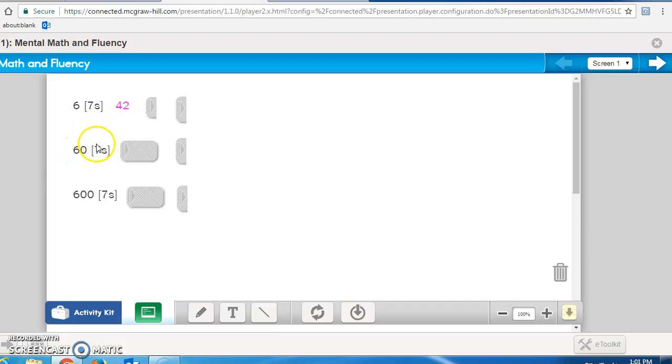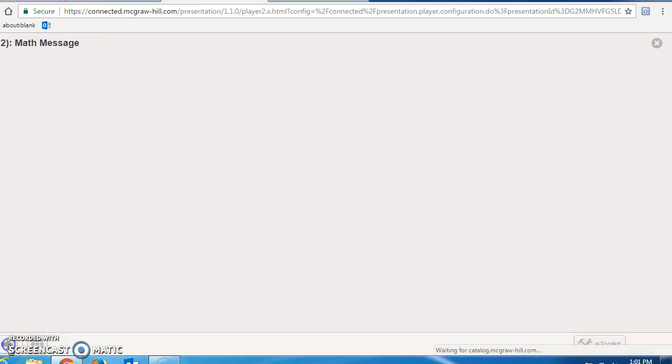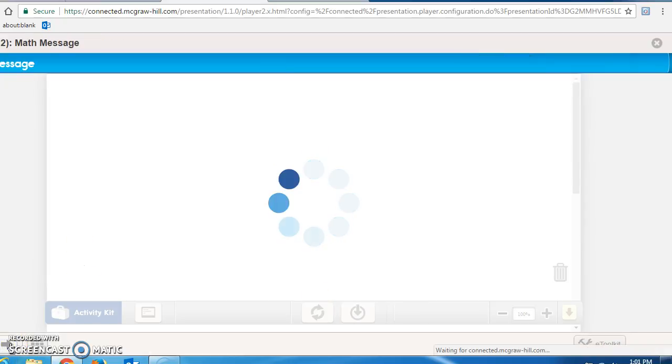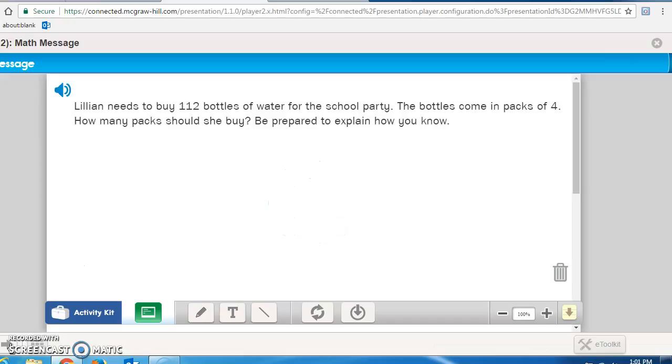Well, 6 times 7 is 42, and we have 1 zero we need to add on the end, so it's 420. And 600 groups of 7, we take 6 times 7 is 42 and add 2 zeros on the end for 4,200. I hope, again, you're paying attention to how important knowing your multiplication facts is.